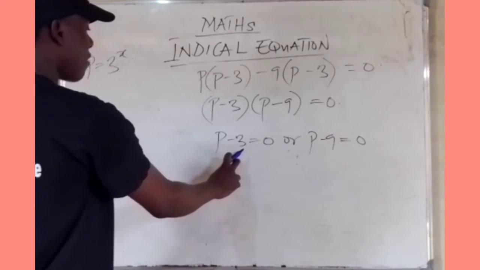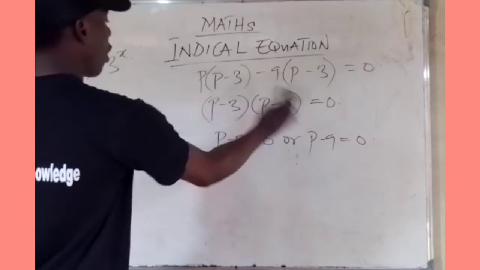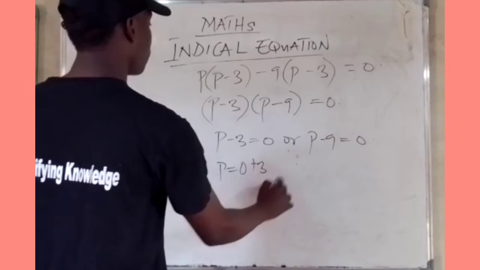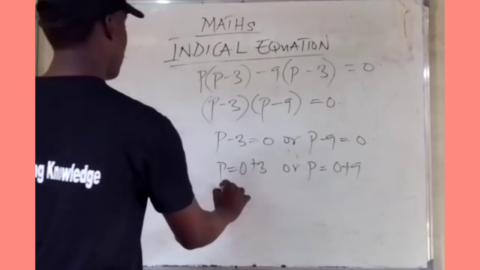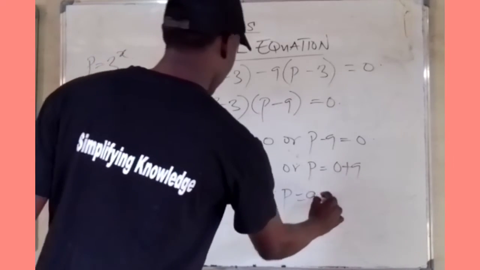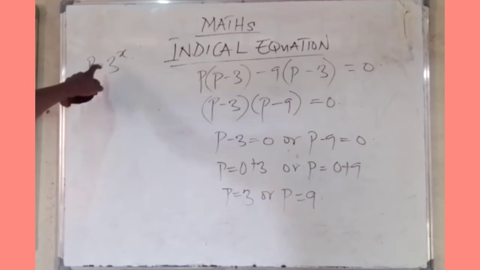So p equals, if I collect like terms, 0 plus 3 once the minus 3 goes to the other side, or p equals 0 plus 9. So p equals 3, or p equals 9.